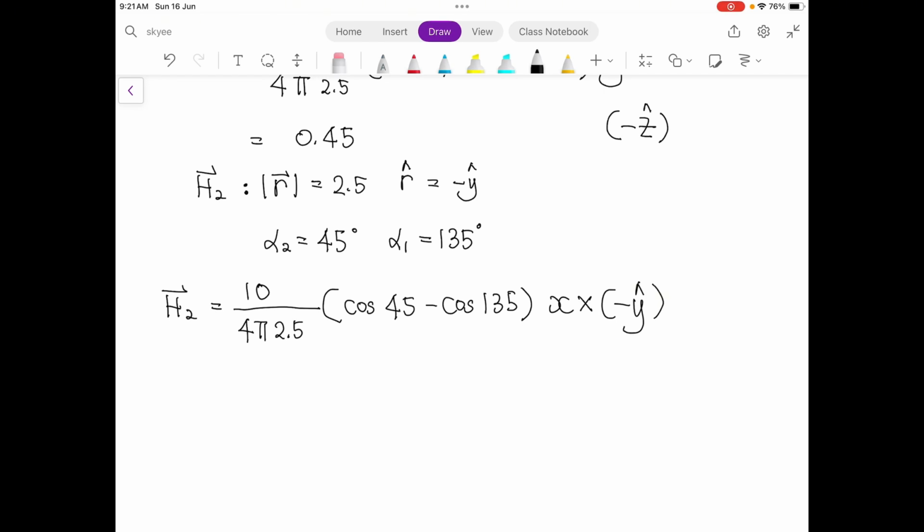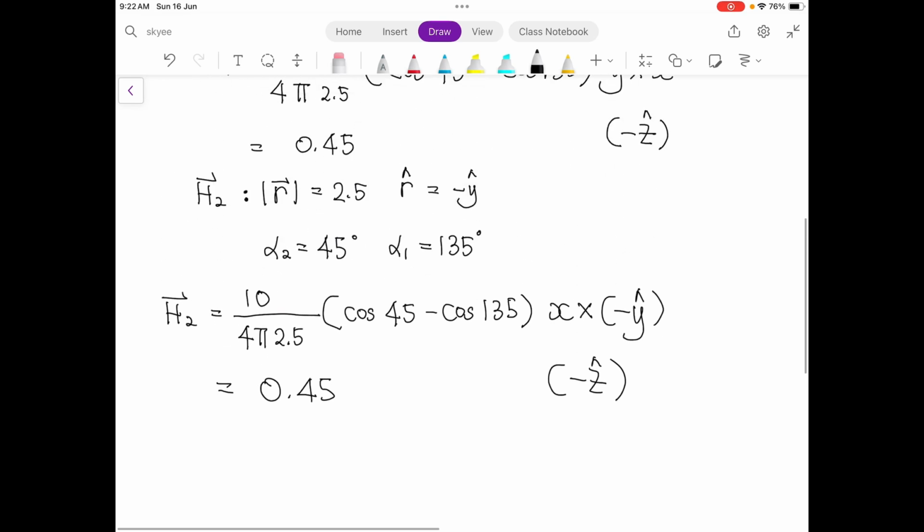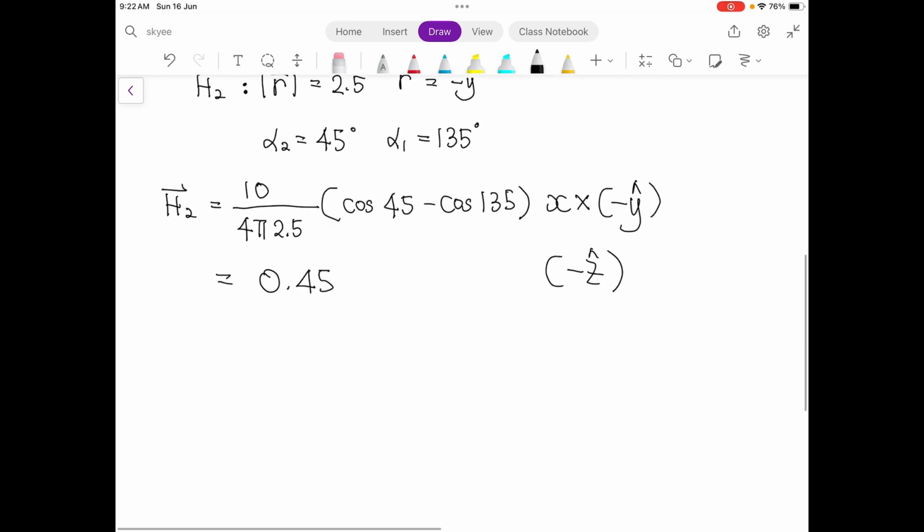It's negative y. So xy, you get z. So this is also negative z. Okay, so negative 0.45. Based on the trend here, we can expect it is the same for H3 and also H4.